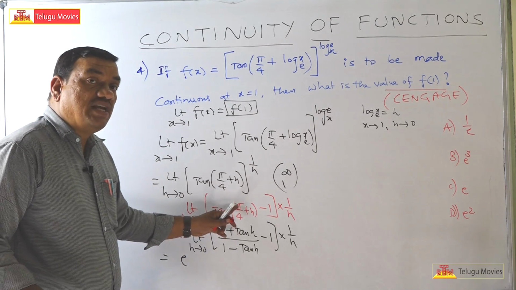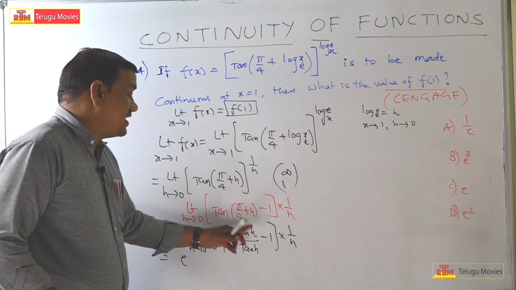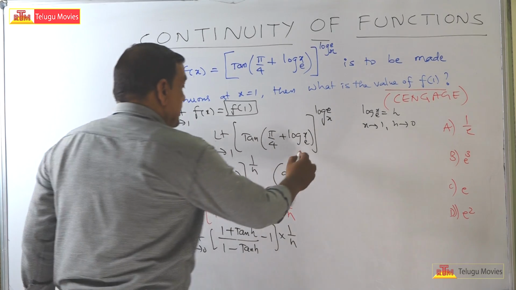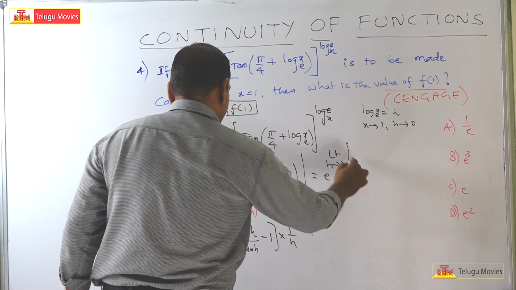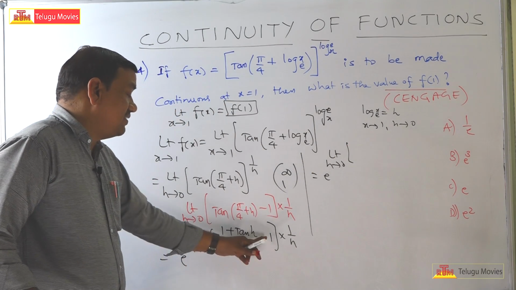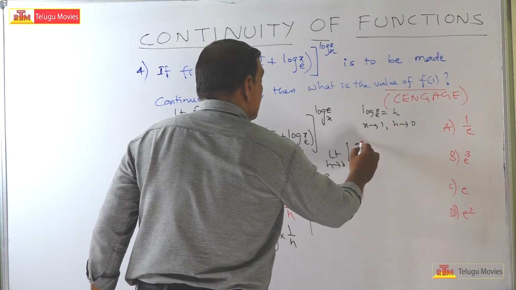Tan a means tan pi by 4, value 1. So tan a plus tan b by 1 minus tan a into tan b, minus 1. Now do the cross multiplication. So this is equal to e to the power of limit h tends to 0. If you do this, plus 1 and minus 1 cancel, minus tan is plus tan, hence totally 2 tan h.